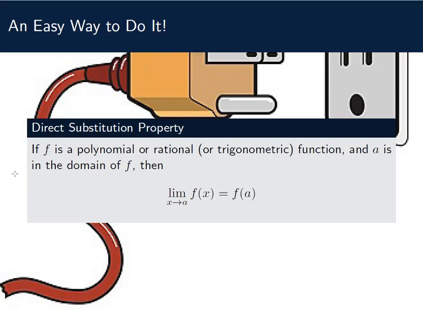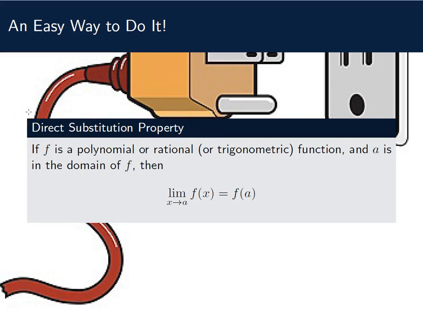Finding limits, like we just did with those examples, has an awful lot of steps. So let's make it even less complicated, and we're going to learn about the direct substitution property.